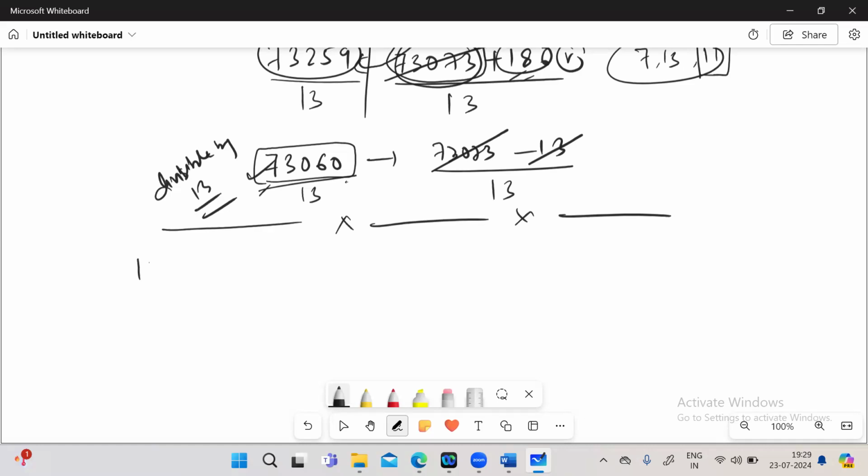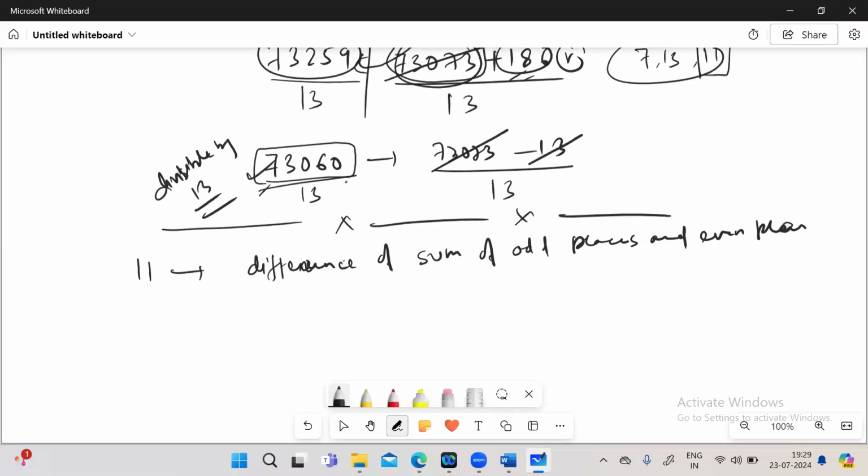So now for 11, there is a divisibility rule. Difference of sum of odd places and even places. If this is divisible by 11, then the number is divisible by 11 also.